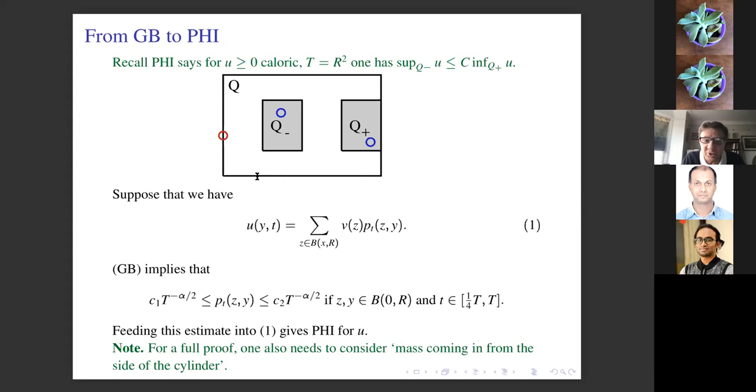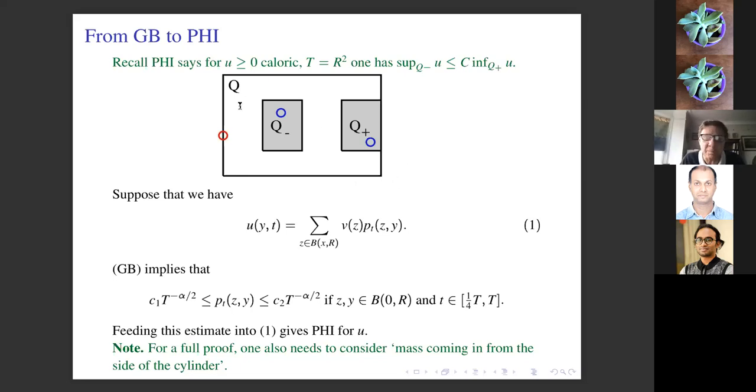So we would choose a point here on the side of the cylinder, a point (z,s), and look at p_{t-s}(z,y) in this set here. It's a little bit more work because, the way I've set things up, the side of the cylinder is a continuum. So in this picture we have discrete space vertically and continuous time horizontally.